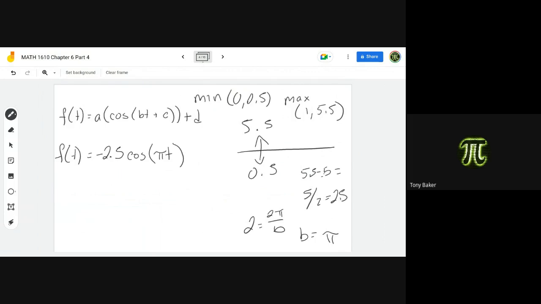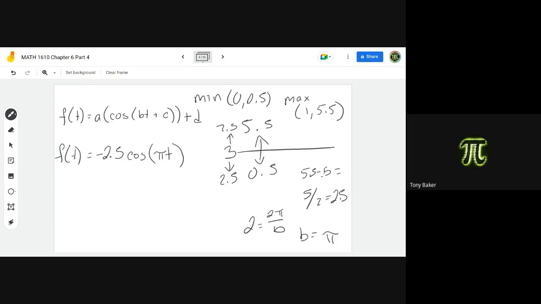The D is vertical displacement. Normally the middle line in all your trig functions is at what, for your parent functions? 0, the x-axis. My middle line's not at the x-axis in this case. It's going to be at 3, because I go up 2.5 to get to the highest point and down 2.5 to get to the lowest point.